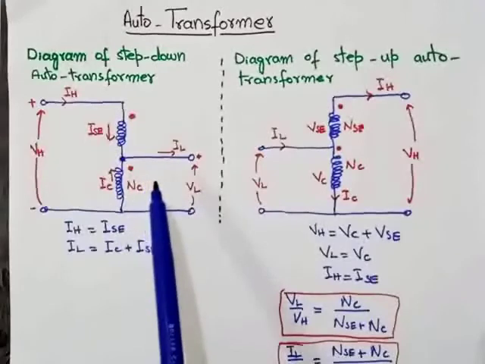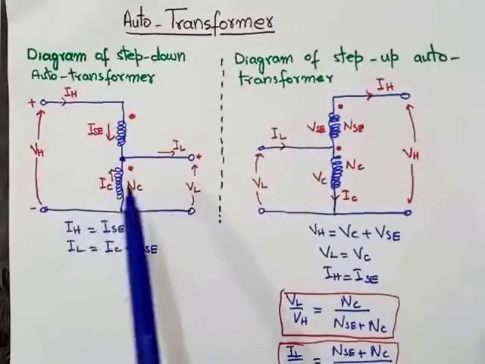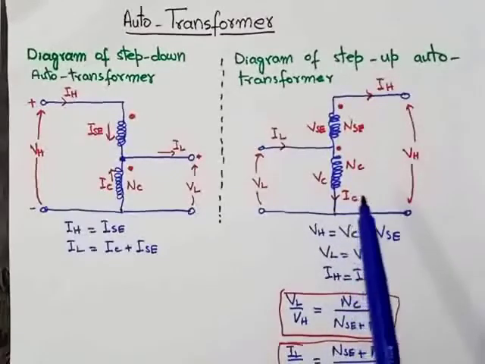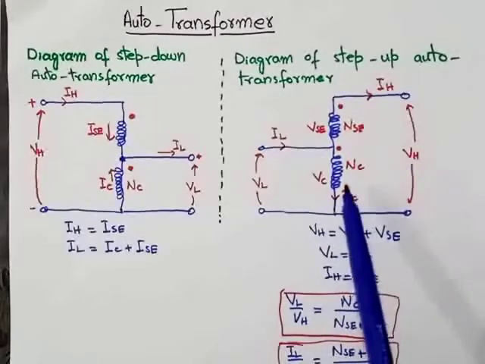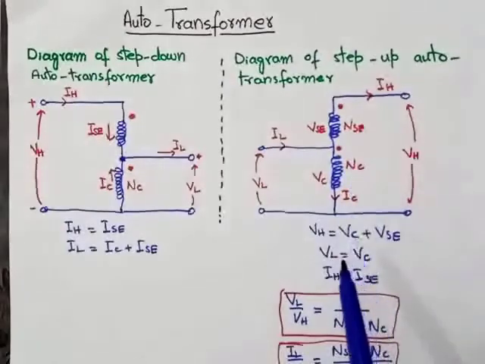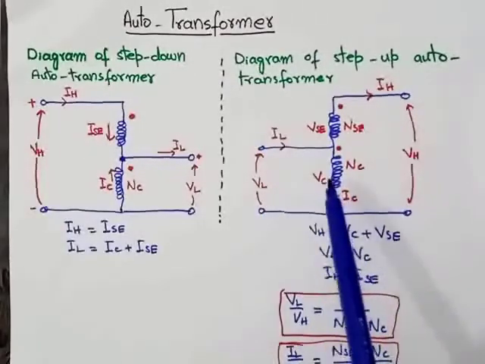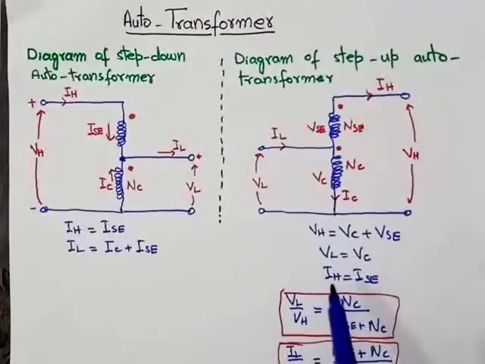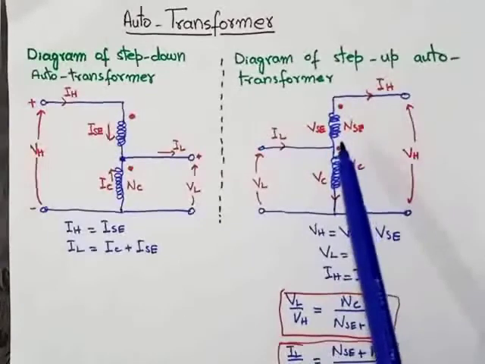NC means common number of turns, IC means common current. So IL will be equal to IC plus ISC. Similarly, VH will be equal to VC plus VSC, and VL will be equal to VC. The low voltage side is connected with fewer turns, that is VC. And IH will be equal to ISC.